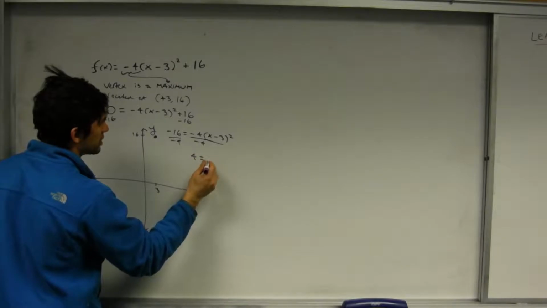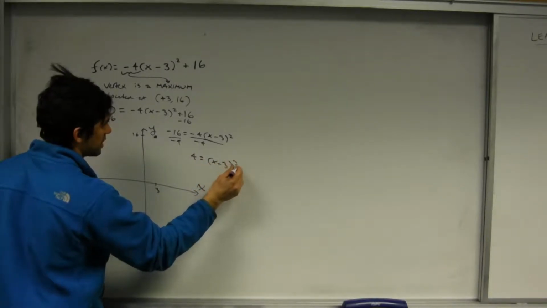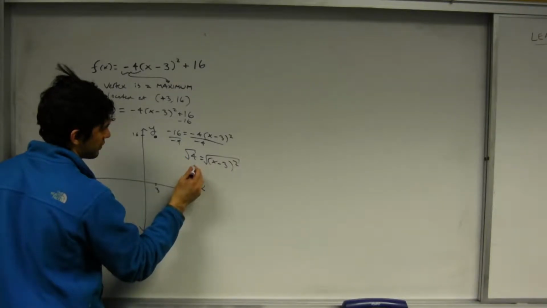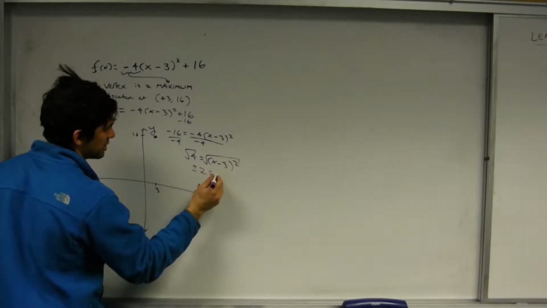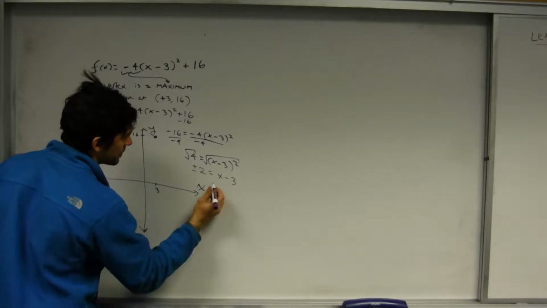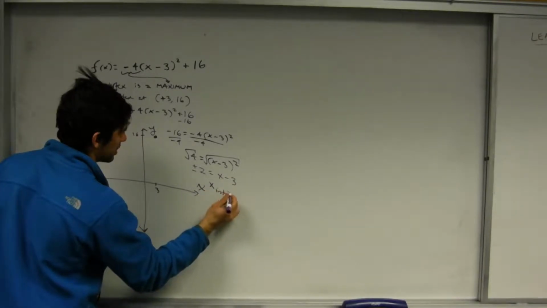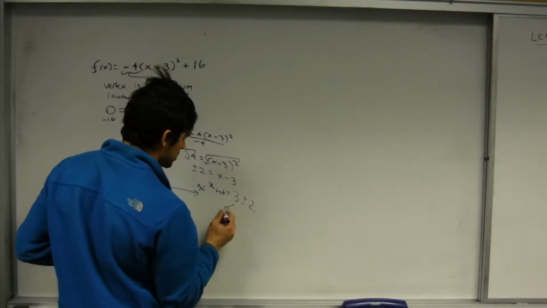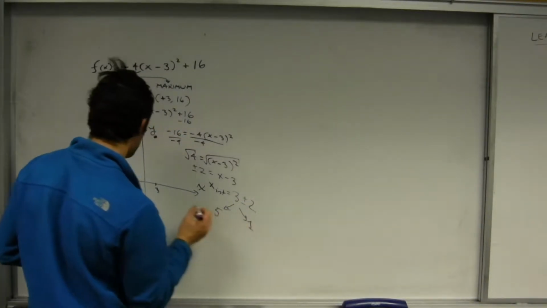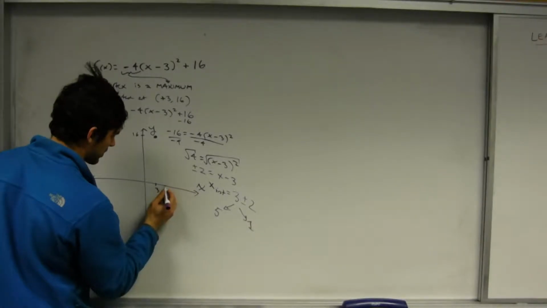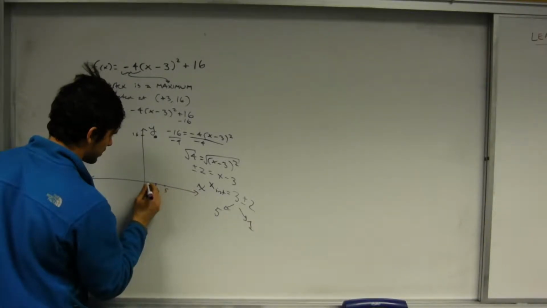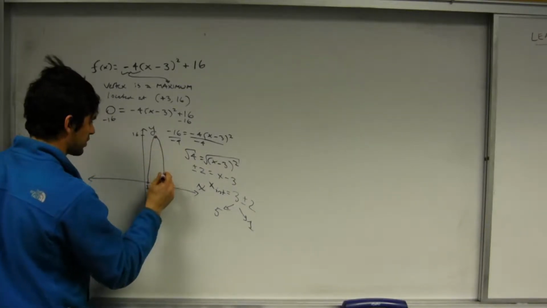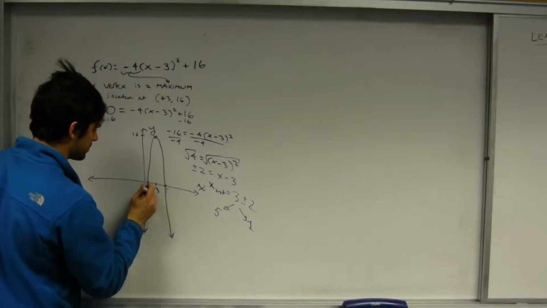We'll get 4 is equal to (x minus 3) squared. Take the square root of each side. The square root of 4 is plus or minus 2, equal to x minus 3. So our x-intercepts are going to be equal to 3 plus or minus 2. So it would be 5 and 1. An x-intercept at 5, an x-intercept at 1. And our function is going to look like that.